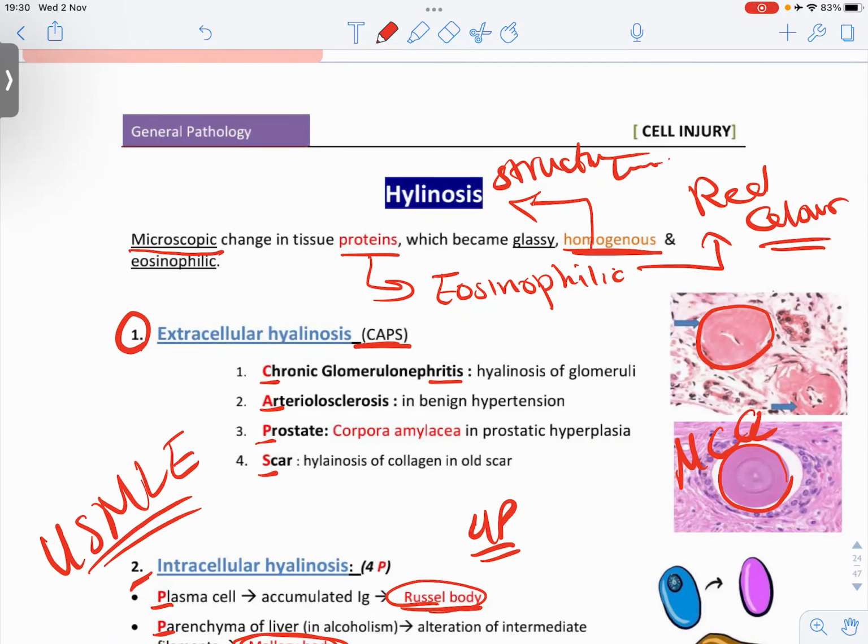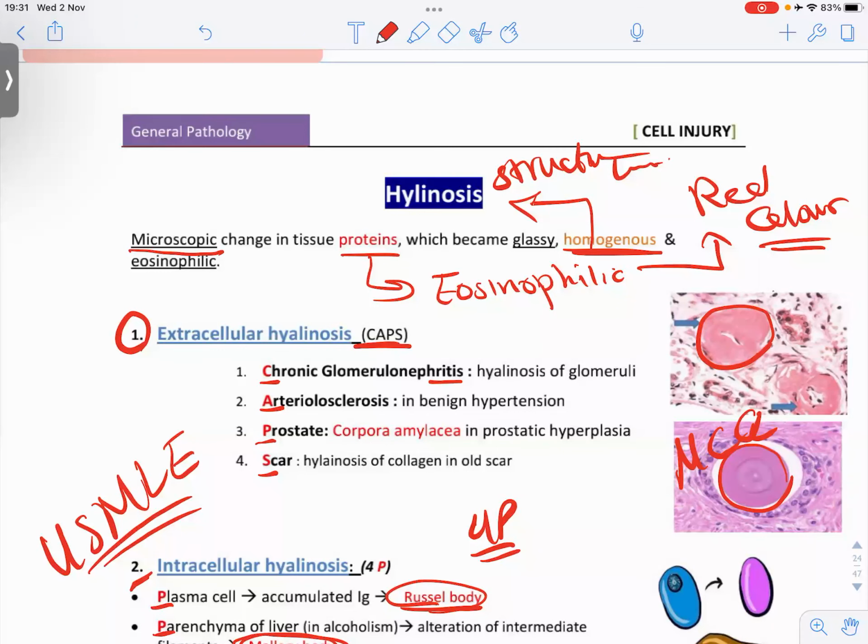So clinically, when your patient has glomerulonephritis, he will get hypertension, an increase in blood pressure, and the blood will come too strongly to the glomerulus. This increased blood pressure will damage the wall of the small capillaries inside the glomeruli.